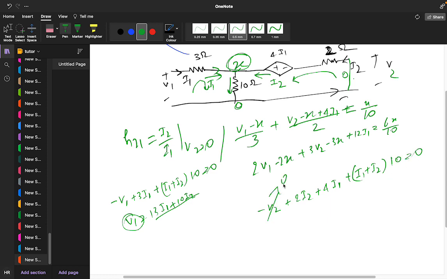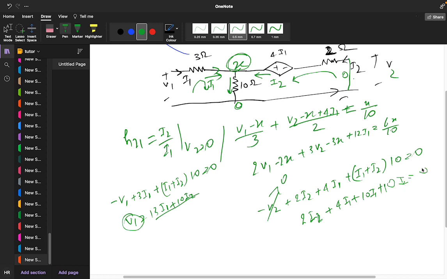This is 0, and we got the result: 2 I2 plus 4 I1 plus 10 I1 plus 10 I2. What are we getting here? 10 I2 is equal to 0.